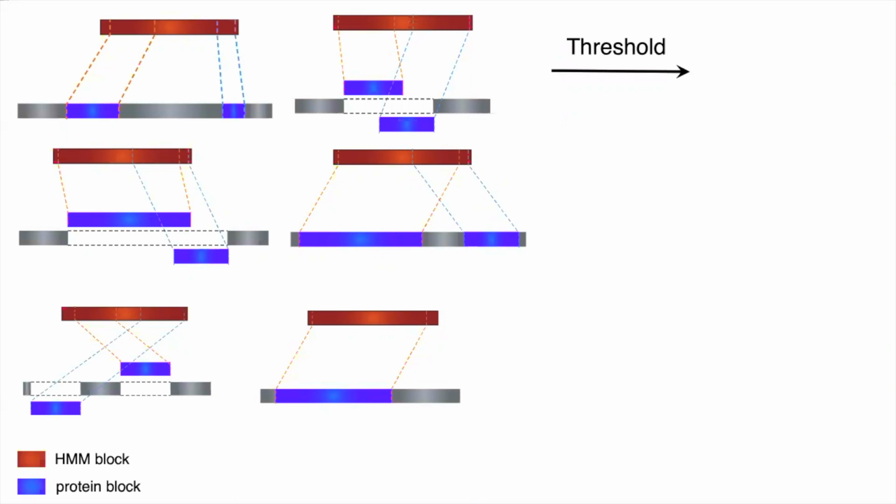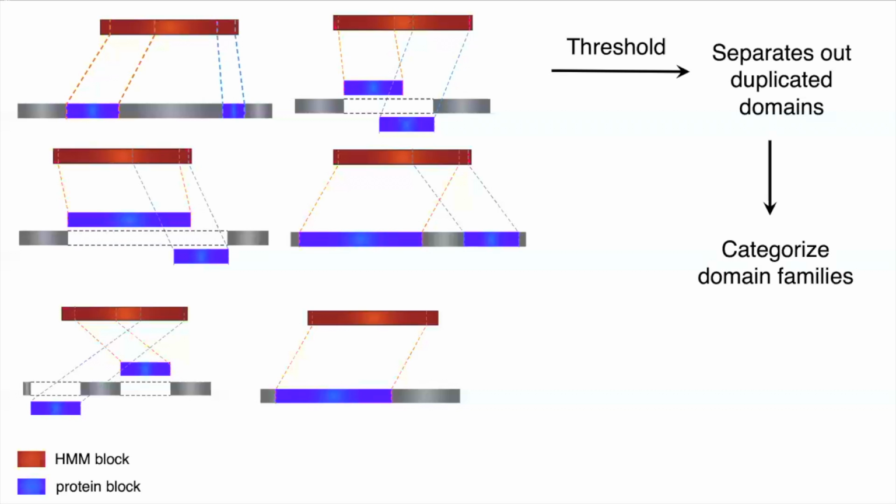So depending on a threshold value, this script finds out the duplicated domains from the misannotations and single domains. You can read more on how to set the threshold and the details on the threshold in the documentation part in GitHub.